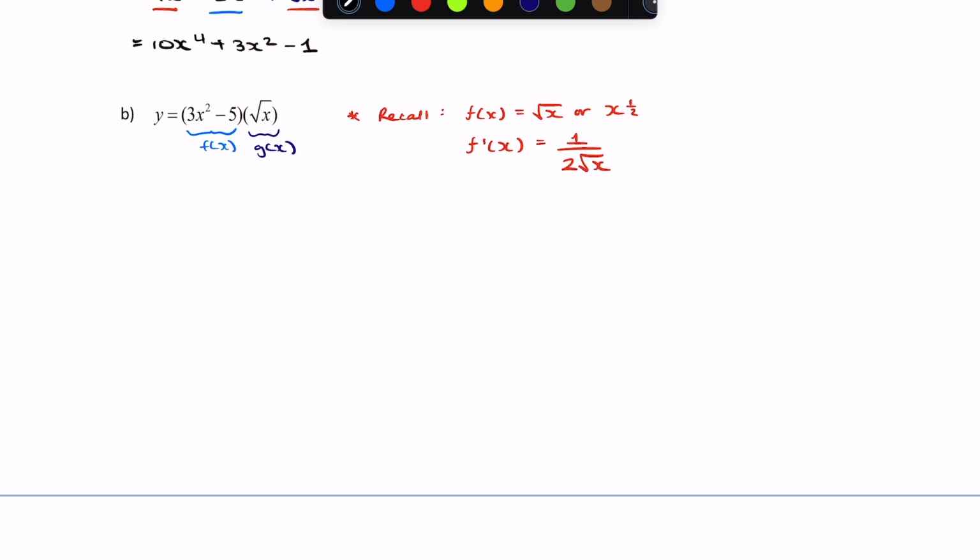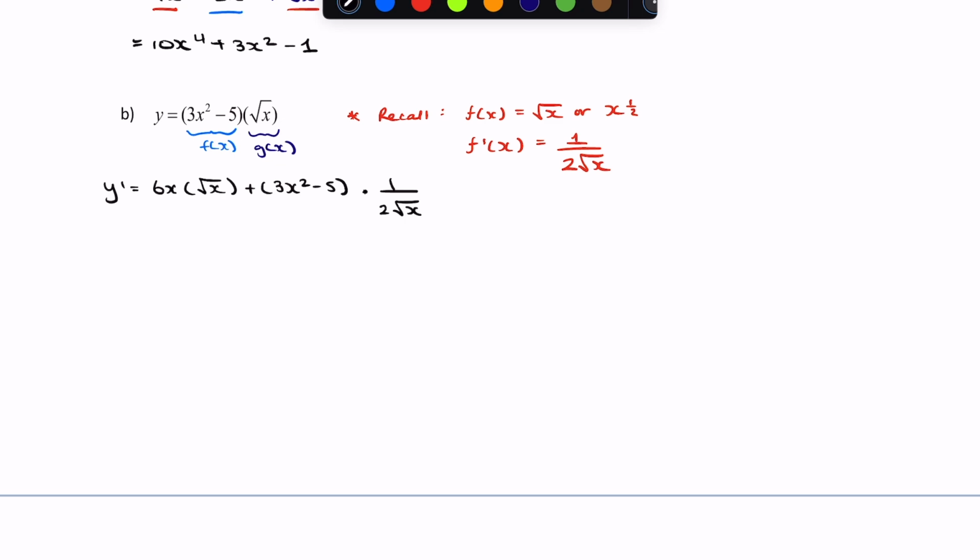So here we see that y prime is equal to f prime of x, which would be 6x, times g of x, which is square root x, plus here we have f of x, which is 3x squared minus 5, times g prime of x, which is 1 over 2 square root x.